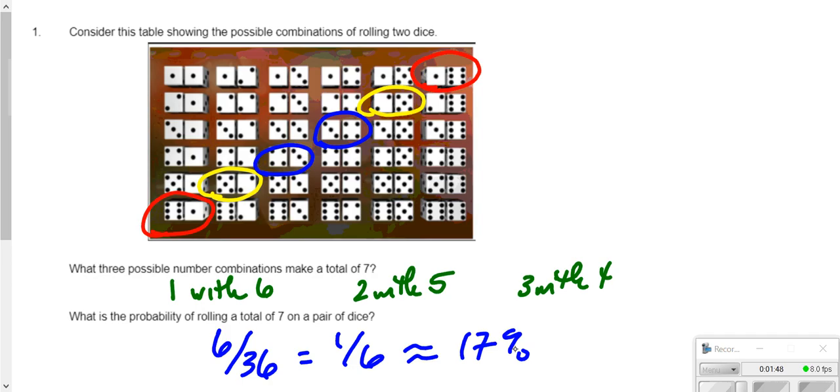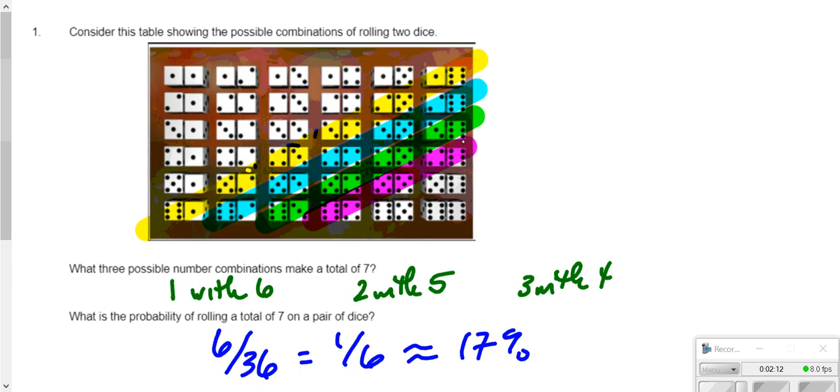Something that's interesting about this dice array is that you do have common sums or totals along the diagonal. The way that it's organized, you can see that all of the 7s were along this diagonal. All of these rolls total 8. All of these rolls total 9. All of these are rolling a 10 as a total.